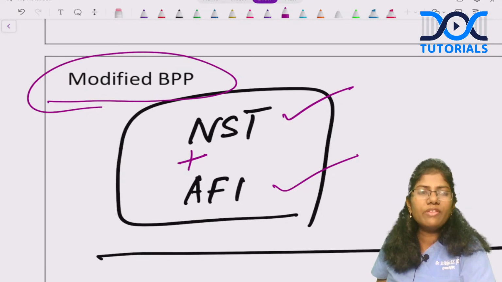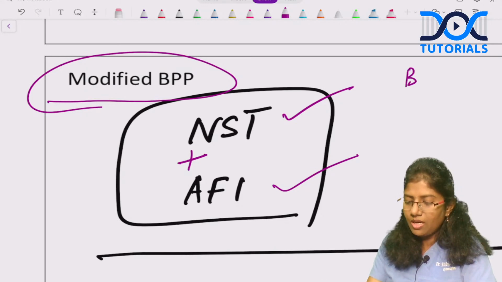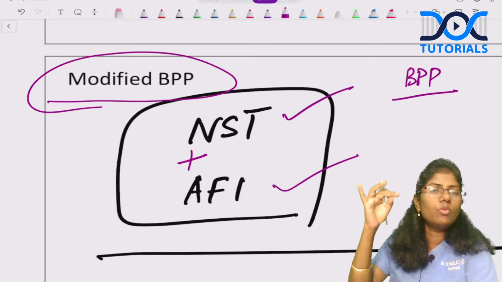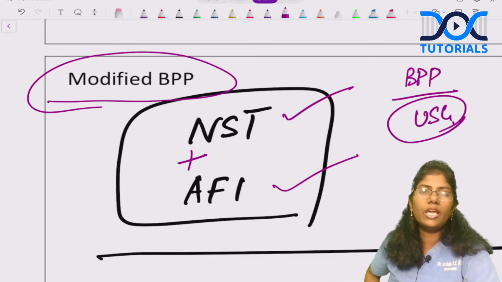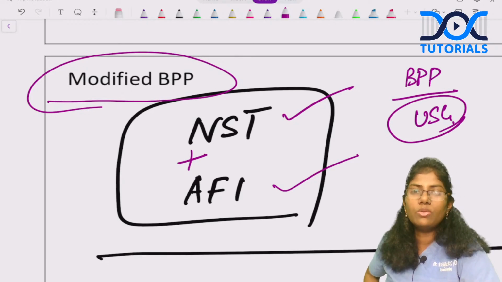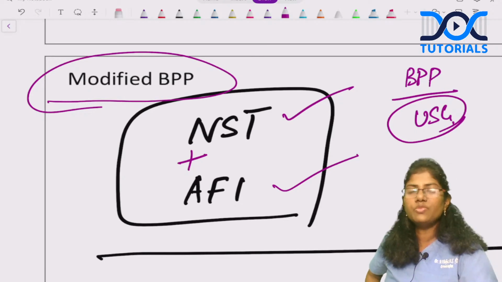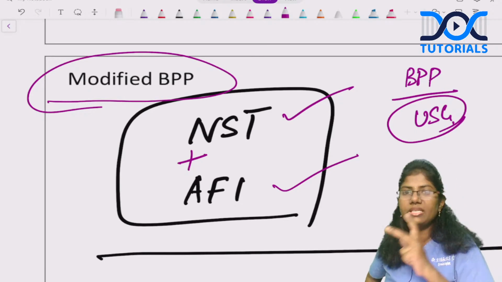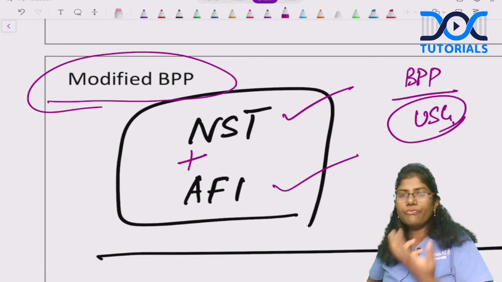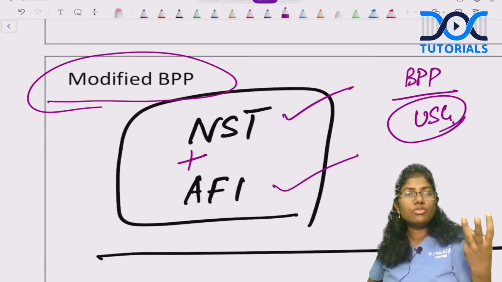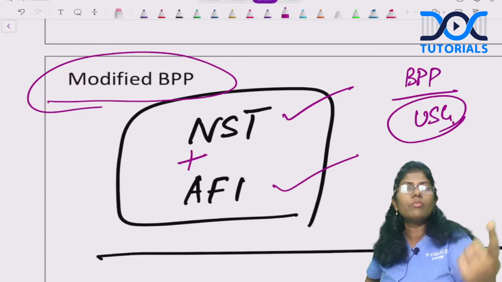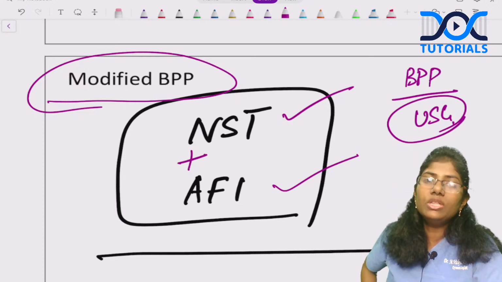Now, why do we use the modified biophysical profile? Because the biophysical profile includes tone, breathing movement and body movement, and all these require ultrasound. You can't calculate a biophysical profile without ultrasound. The modified biophysical profile has only NST and AFI, and AFI can be measured instantly, whereas to assess fetal tone, breathing movement and body movements, you have to wait for 30 minutes.